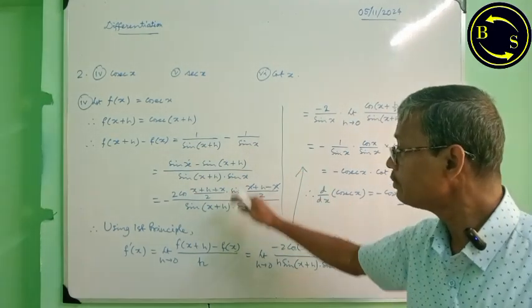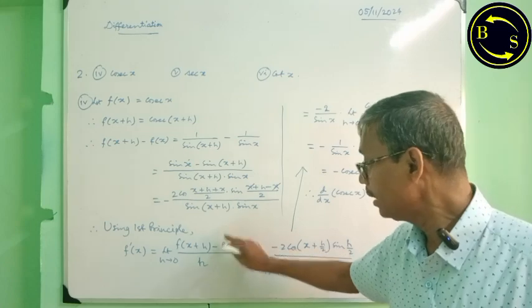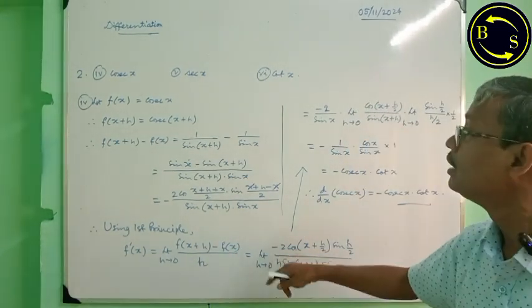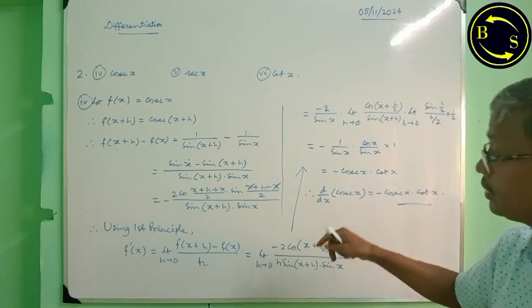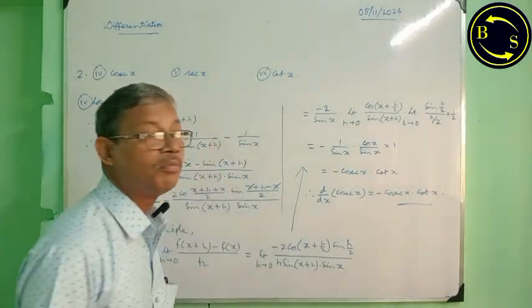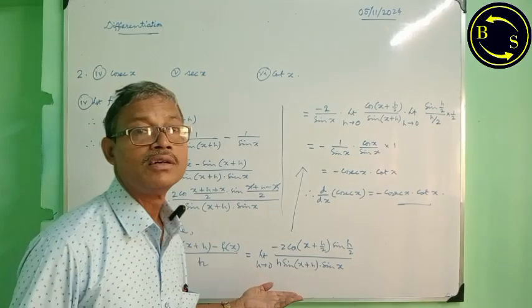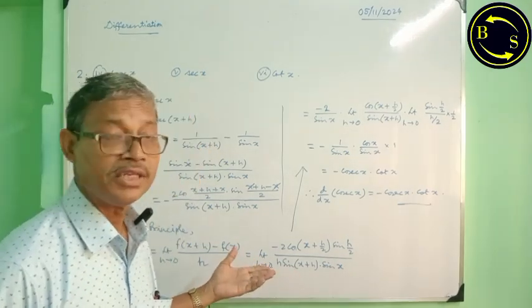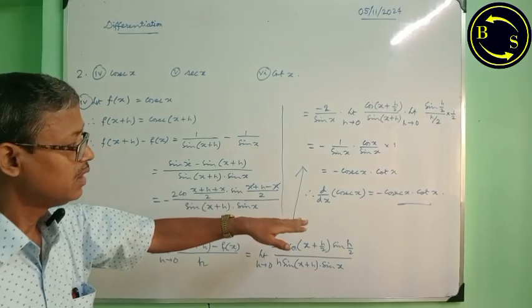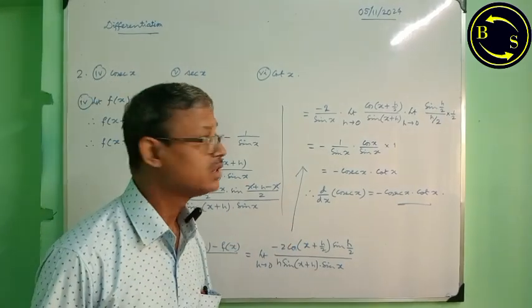Already we have followed the mechanical way and calculated the limit. Already it is mentioned that derivative is nothing but obtaining the value of limits. Thus derivative of cosec x is minus cosec x cot x.